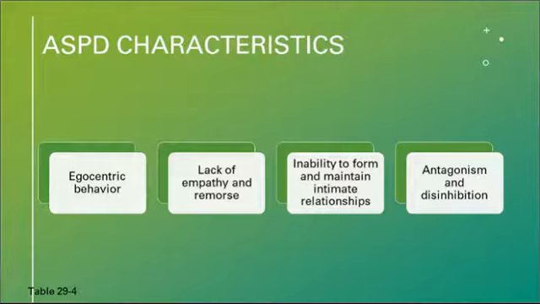Antisocial personality characteristics: egocentric, lack of empathy, inability to form and maintain intimate relationships, antagonism, and disinhibition. They often include deceptive or coercive behaviors. With antagonism and disinhibition, they do not hold back.